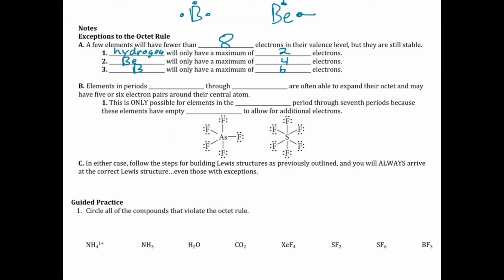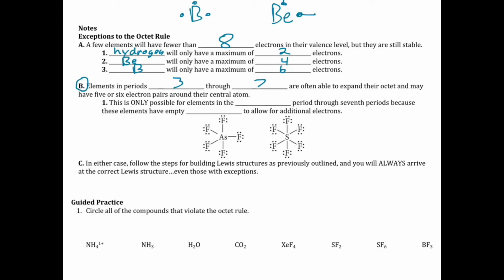Now this next one is really important. A lot of people ask why it is that some noble gases can form bonds, and this right here is the explanation why. So elements in periods 3 through 7, so that's rows 3 through 7, are often able to expand their octet.